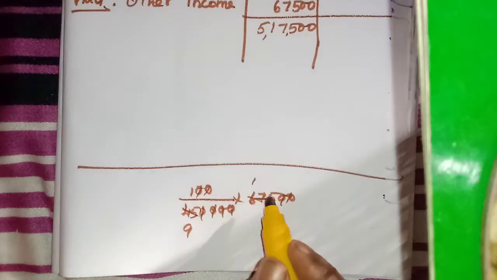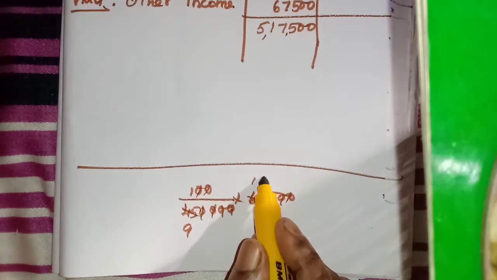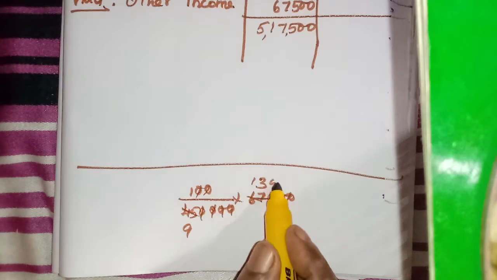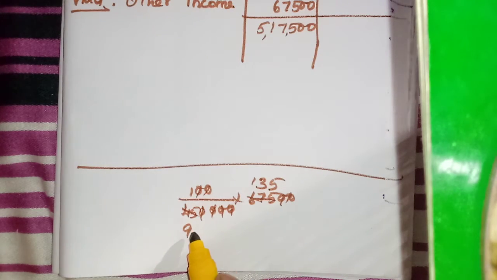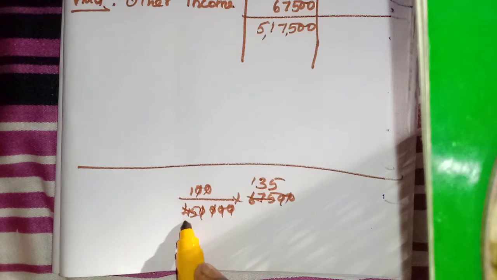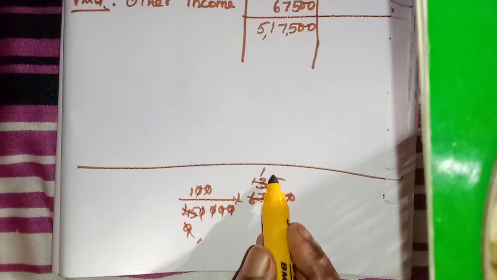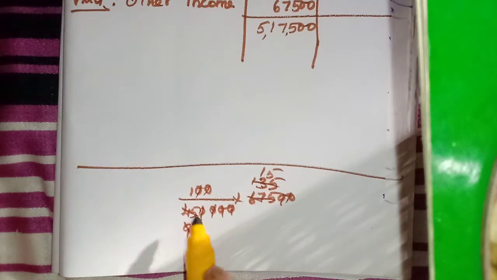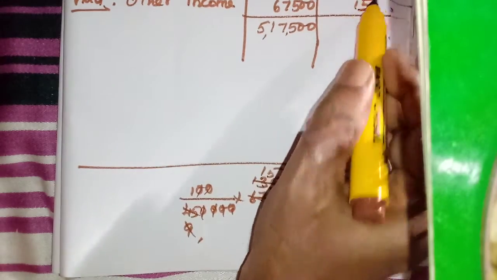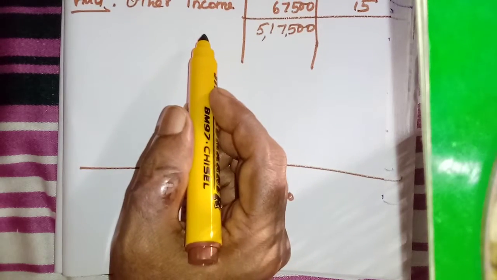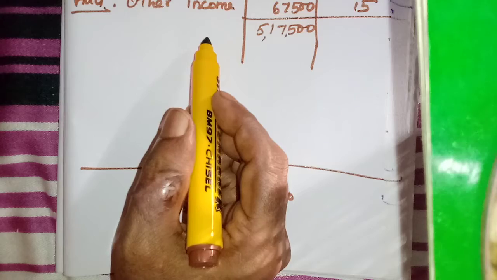Here 1 5, 17, 3 5s are 15, again 5. Again we can divide this one by 9, isn't it? 1 9 is 9, 1 9 is 9, remaining 4, 45, 5. So what is the percentage? 15.